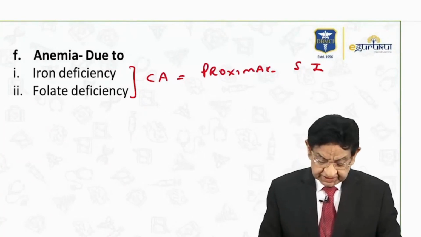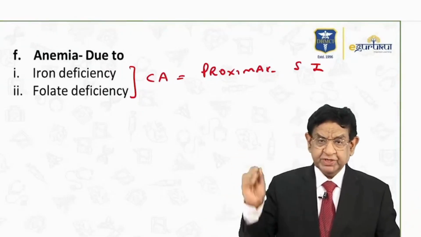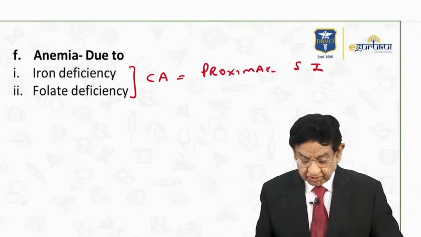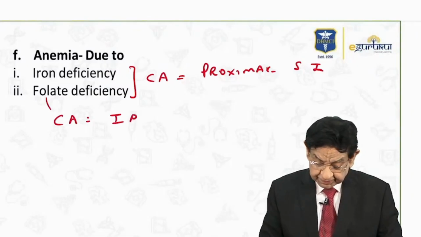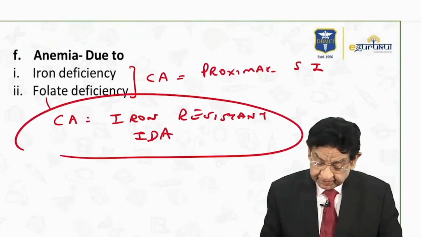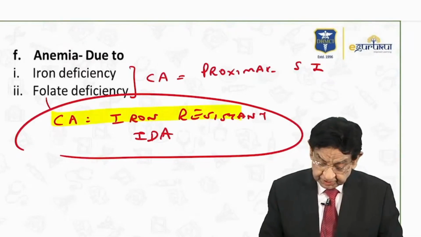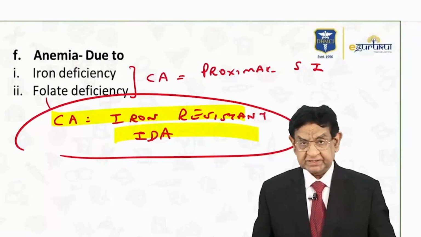So in this case, the patient has iron deficiency anemia. You keep on giving iron, the patient doesn't respond. So it leads to iron resistant iron deficiency anemia. Very important question.